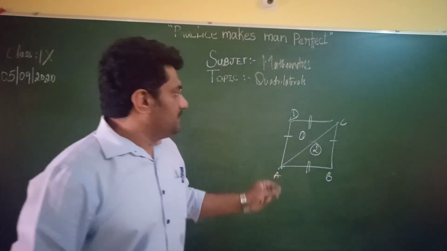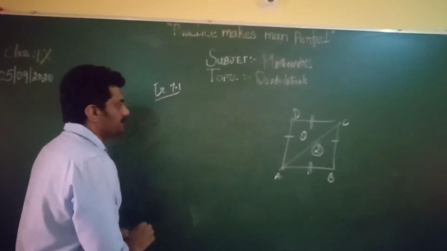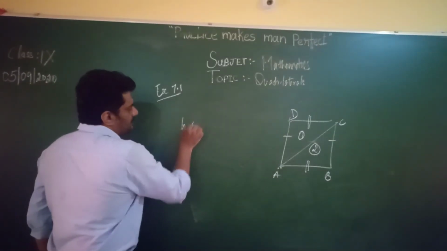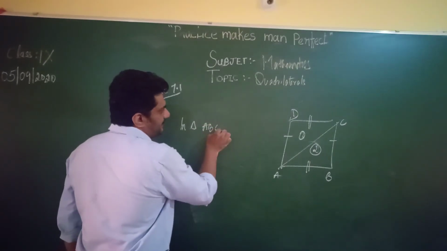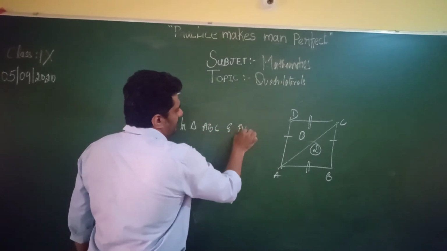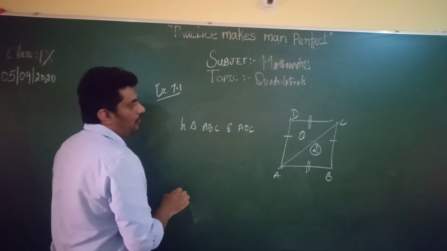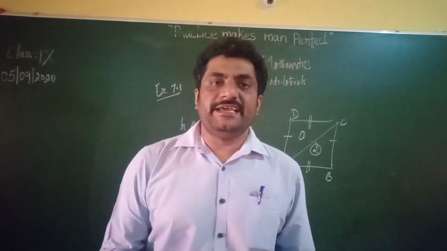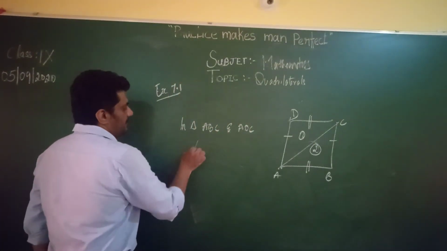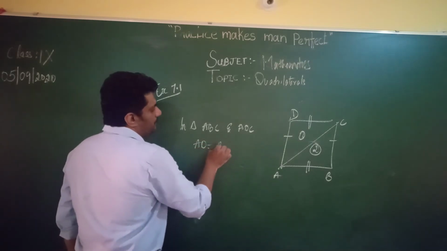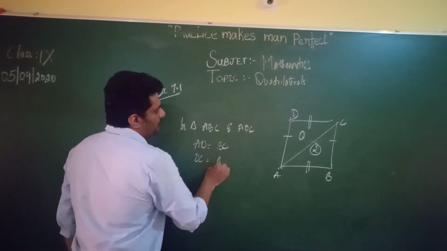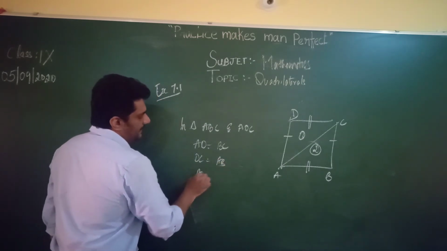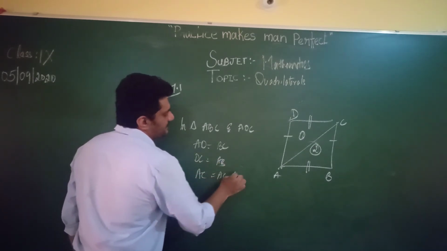Okay. Now in this, what we can do here is, in triangle ABC and triangle CDA, opposite sides I have already told, they are equal. So can I take AD is equal to BC and then DC is equal to AB and then AC is equal to AC.